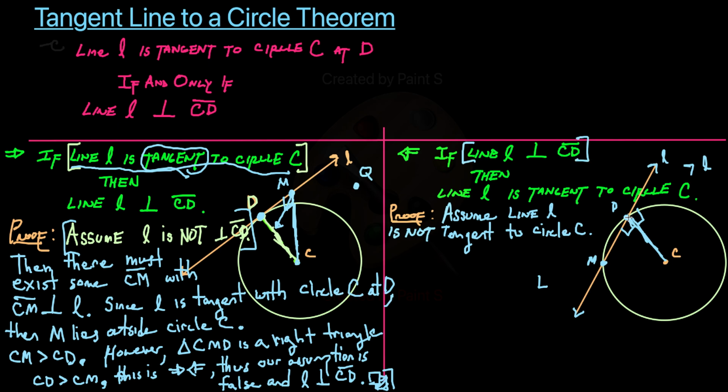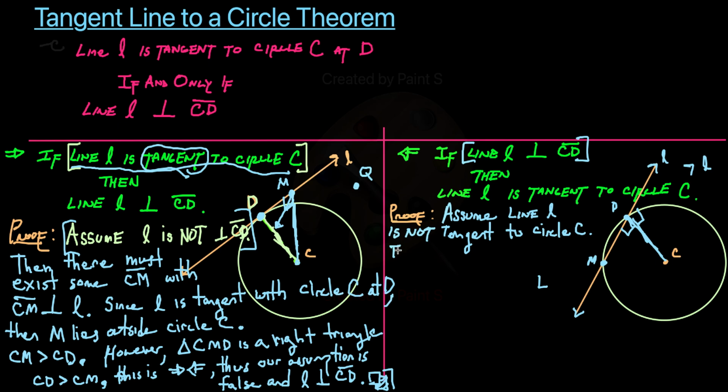So CD is this radius, right? And we know that it's perpendicular, so line L has to hit at D. And since it's not tangent, the only other option would be that it hits it twice, at some other point M.